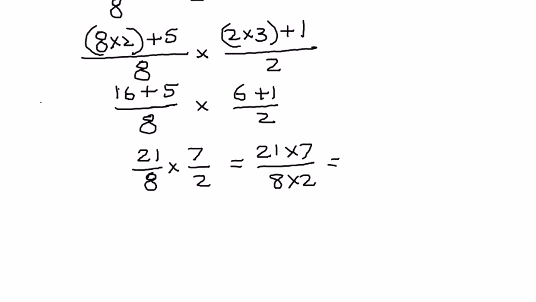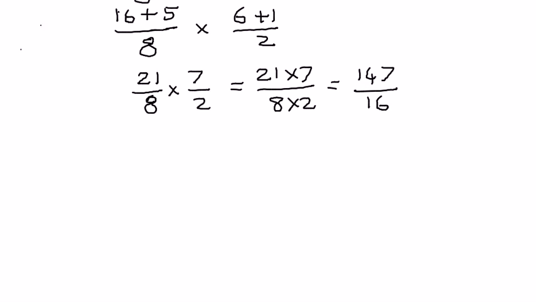So 21 times 7, 7 times 1 is 7, 7 times 2 is 14. So 21 times 7 is 147 divided by 8 times 2 is 16. So the numerator part simplified to 147 over 16.